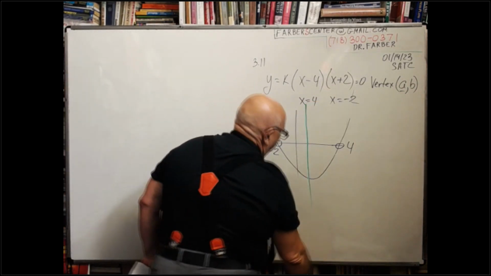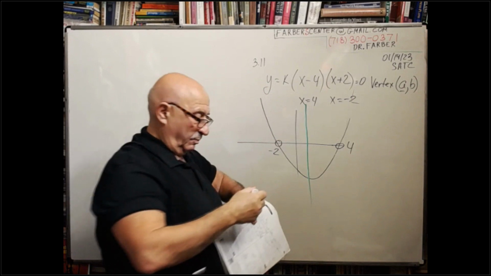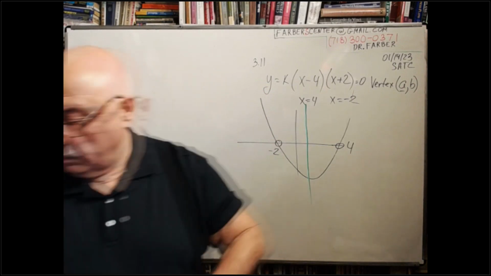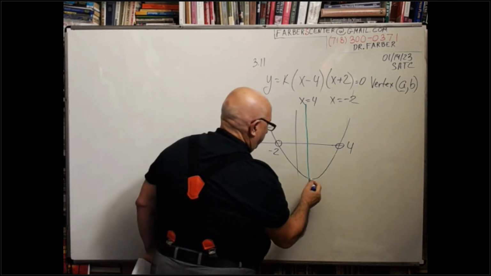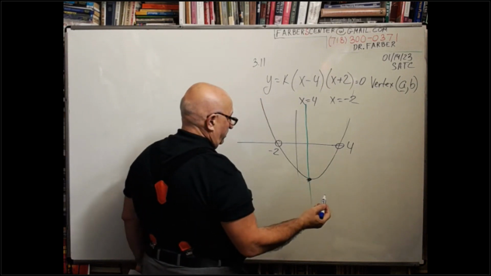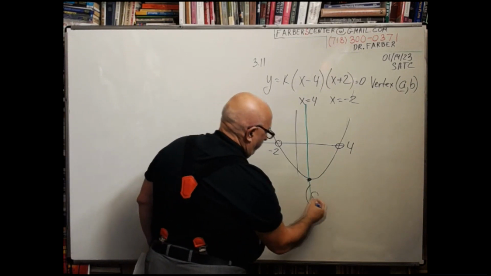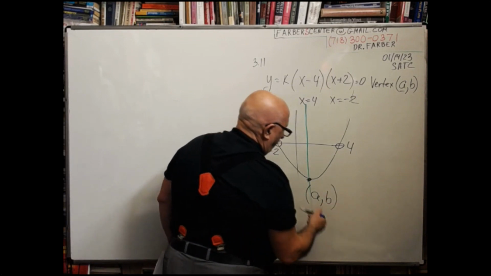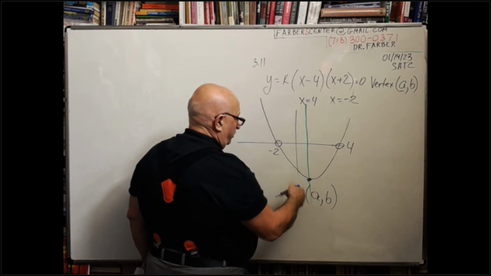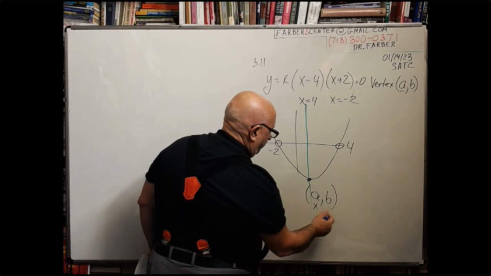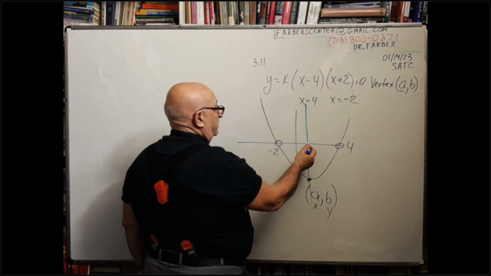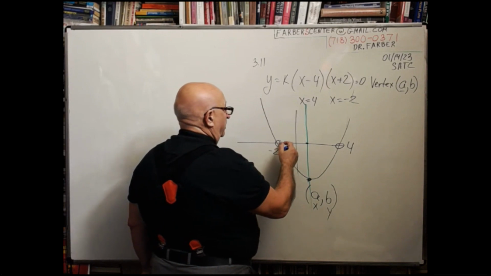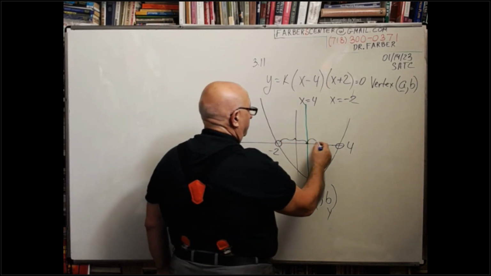This is axis of symmetry. It's symmetrical, and this is vertex. And vertex has coordinates A and B. What is A? A is actually x coordinate, ordered pair, and B is y coordinate.